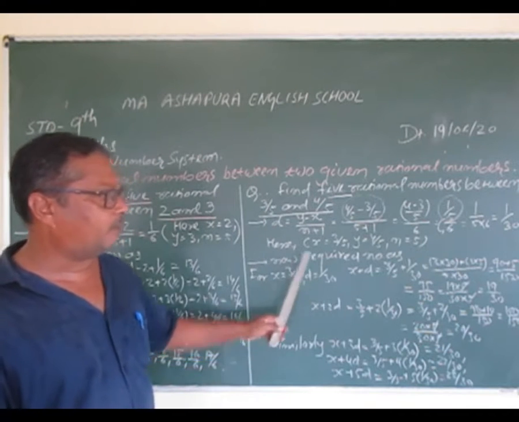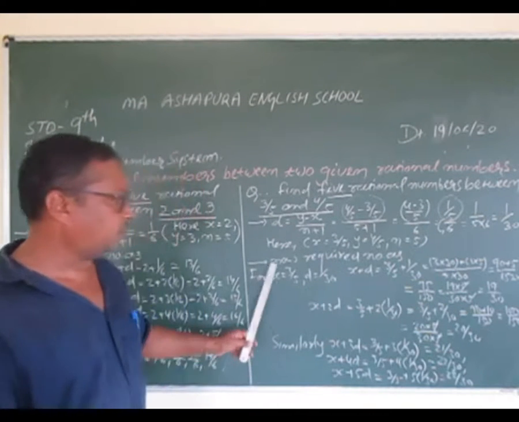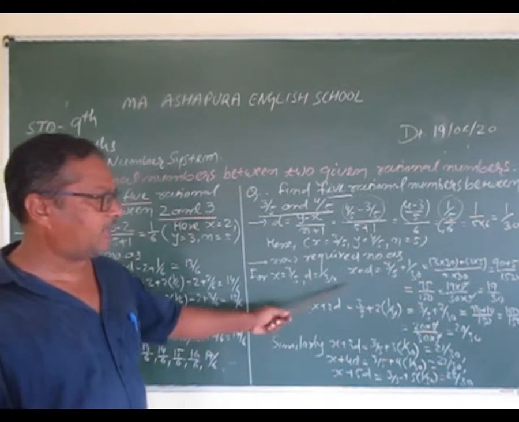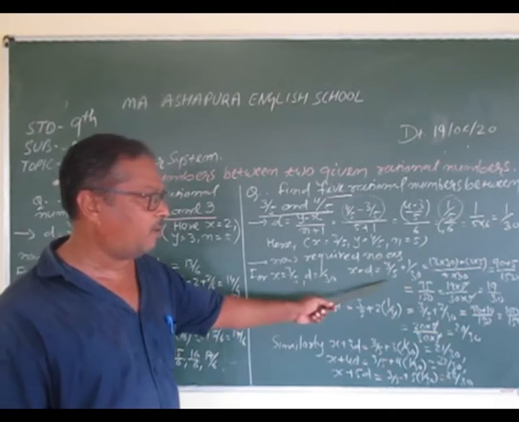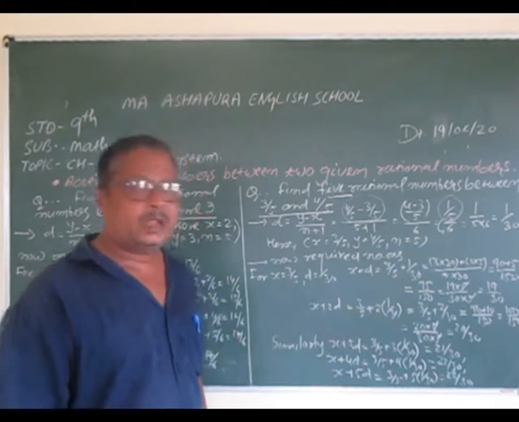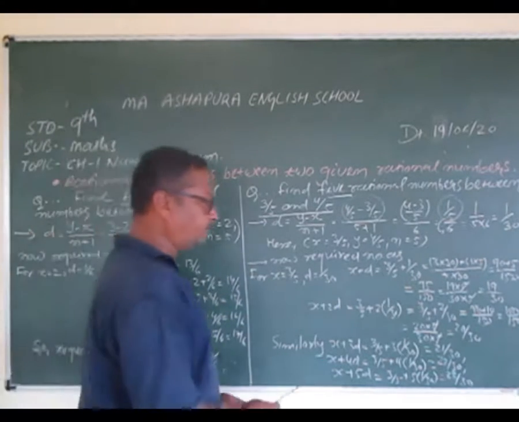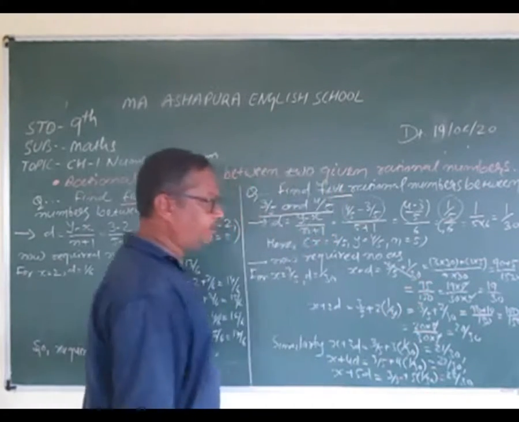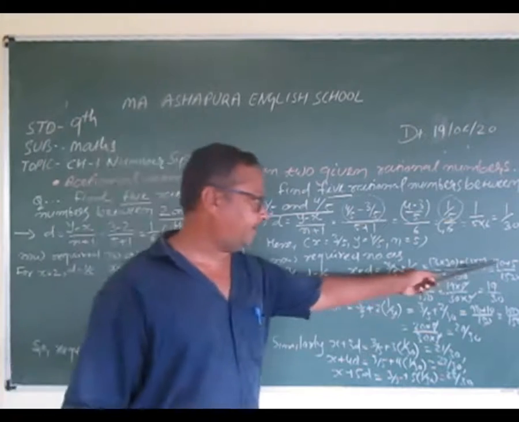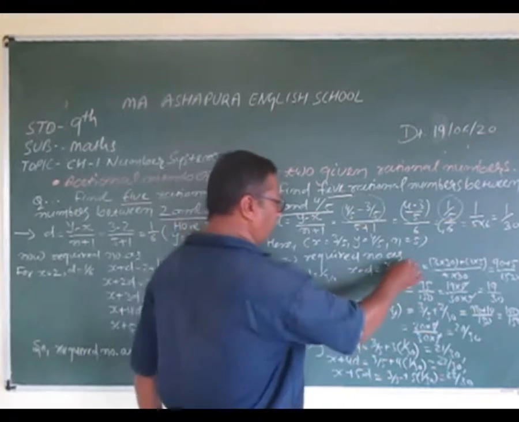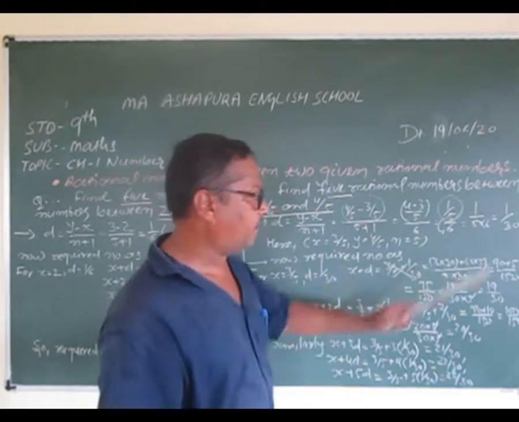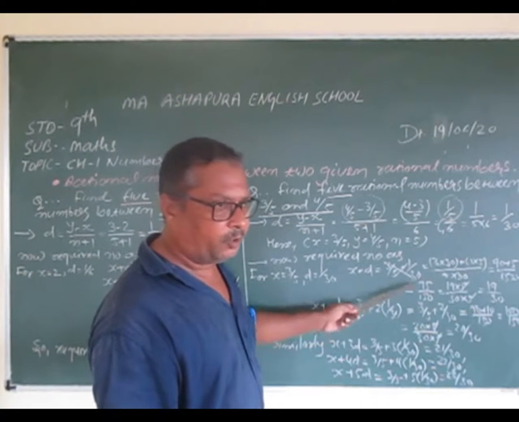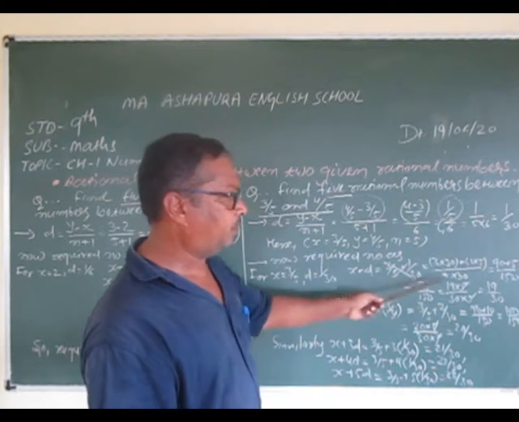Now we need the required number of terms. For x equal to 3 by 5 and d equal to 1 by 30, the first term is x plus d, which is 3 by 5 plus 1 by 30. Now applying the cross multiply method. 3 multiply 30, 3 thirties are 90, and 5 multiply 1, 5 ones are 5, divided by the product of both denominators, 5 into 30.